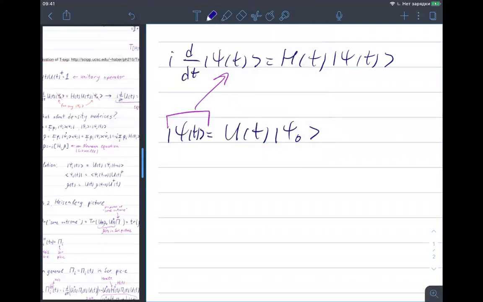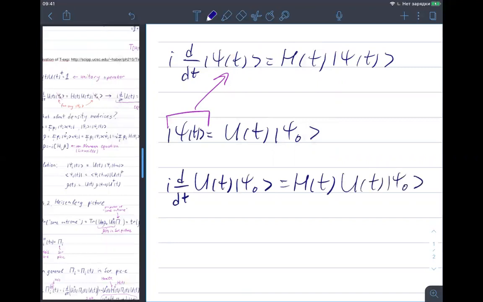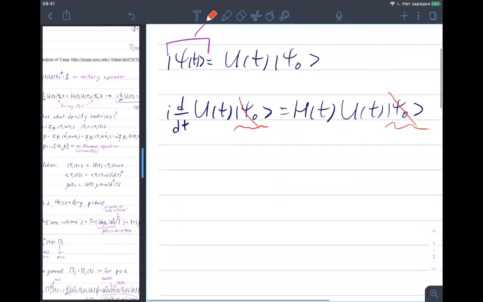Here we have the derivative, here we have our Schrödinger equation, and here we have this unitary operator which acts on the initial state. You see that this equation is true, because we just substituted the solution back into the equation, and it's true for every psi naught, for every initial state, so we can remove psi naught and come to an equation on the unitary operator.